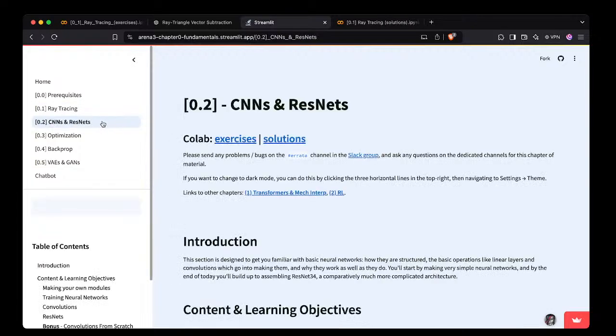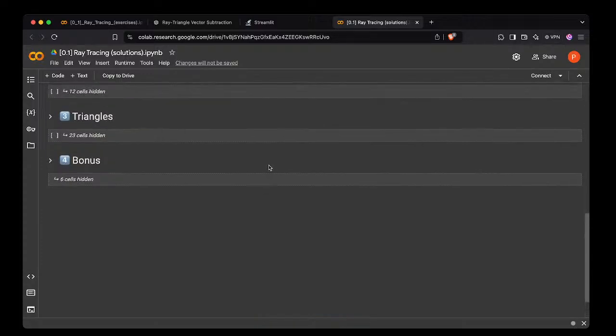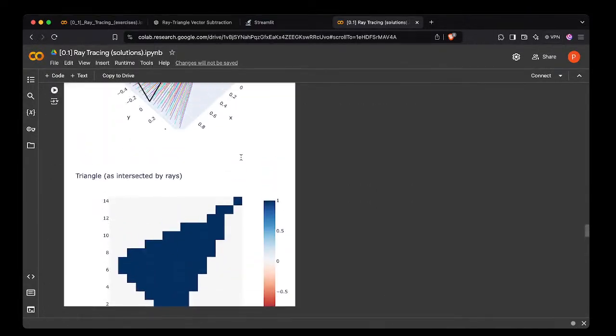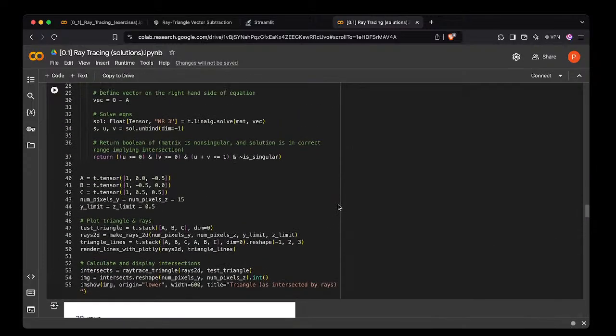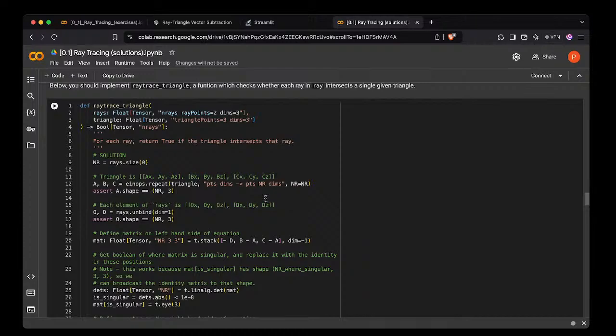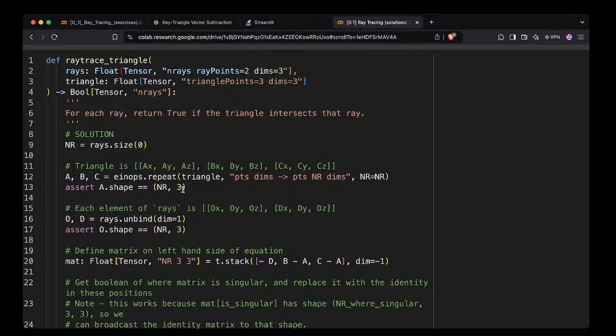Okay, solutions. We got the triangle's last part. Yeah, this was supposed to come, right? What they have done is nr equals a number of times. They have repeated a triangle.